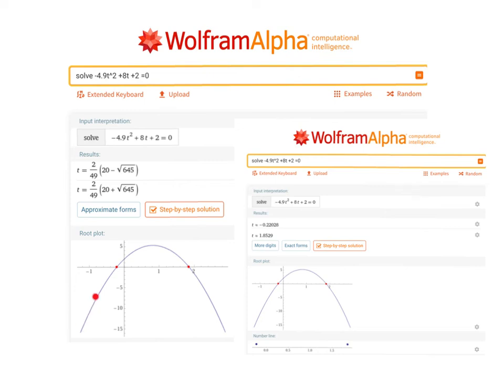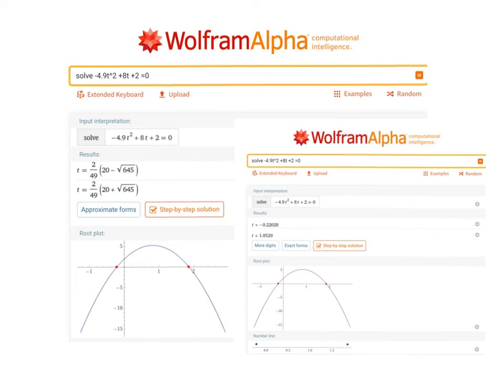And not only that, but we're getting plots of what the left-hand side of this equation looks like. So you can really see that the left-hand side is equal to 0 at times equal to minus 0.22 or plus 1.85 or so.